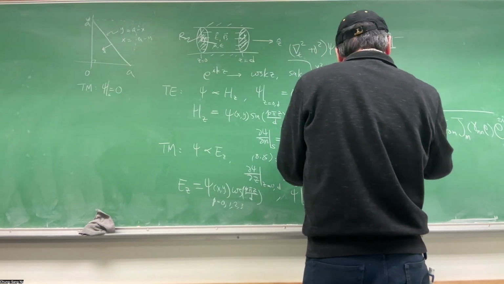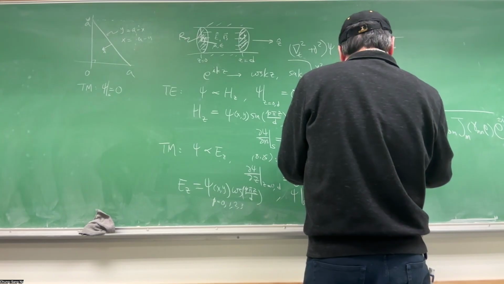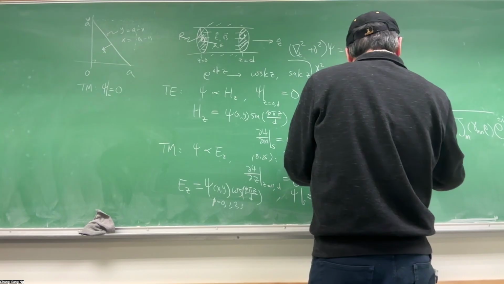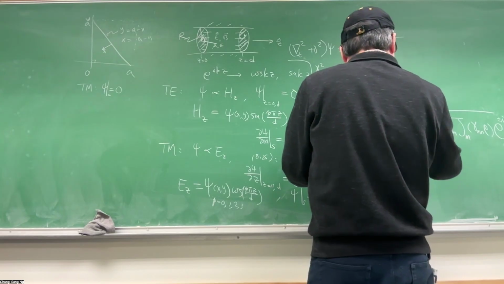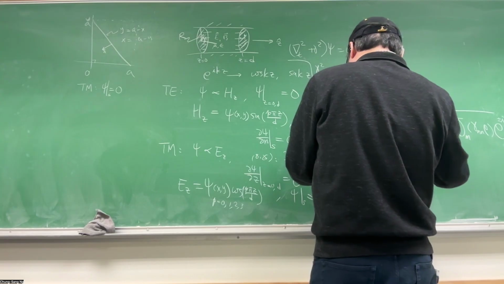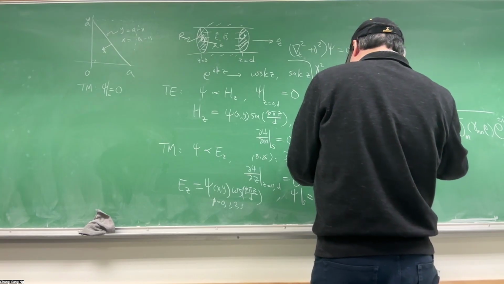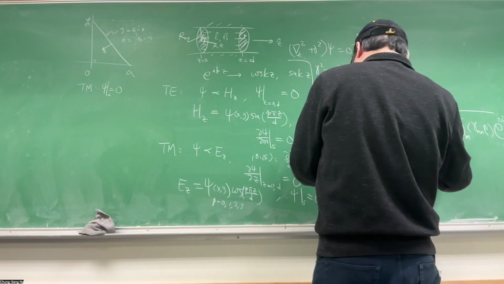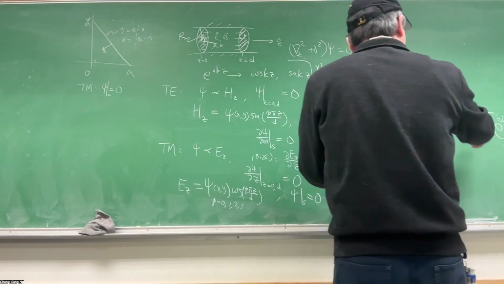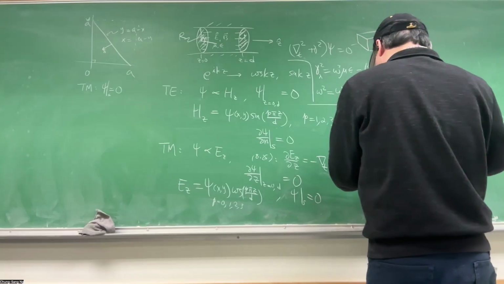The Bessel equation: d squared d rho square plus 1 over rho d rho, and then you have the k square. K in our case is gamma.